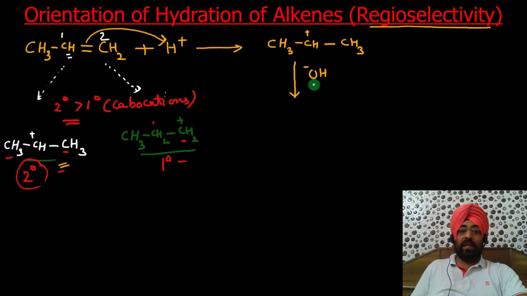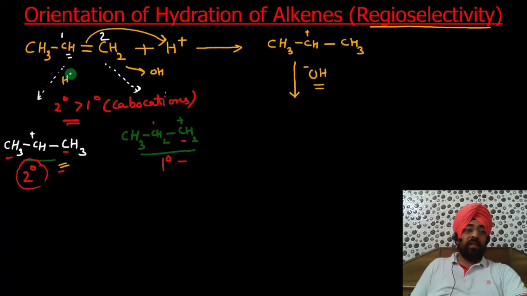In the second step, the counter ion of water, OH negative. After studying the mechanism, we learned that the overall mechanism is that on one carbon there is addition of proton H positive and on the second carbon there is addition of OH. So simply write H, OH. It is the overall reaction.